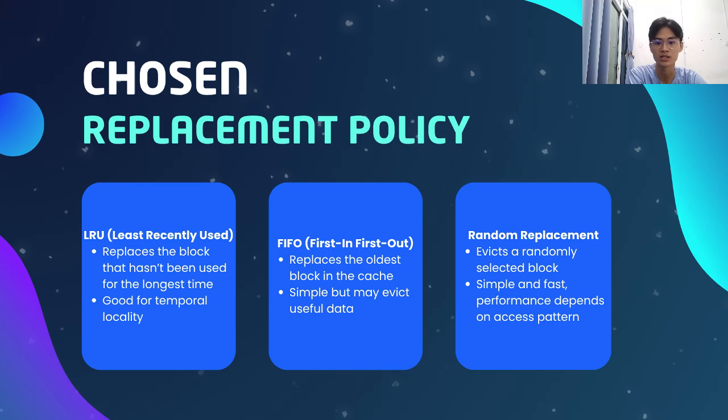This replacement policy replaces the oldest item in the cache with the new one, and it is simple, but it may also remove useful data that we might use in the future. And then the third policy, we have random replacement. This policy evicts a randomly selected block, and it is simple and fast, but the performance depends on the access pattern.